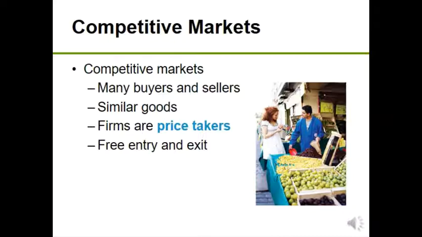Now, a competitive market is one in which these characteristics hold: many buyers and sellers, similar goods, implying that the firms are price takers, and ones without barriers to entry. But this is just an ideal model. We are looking at markets as if these characteristics hold.